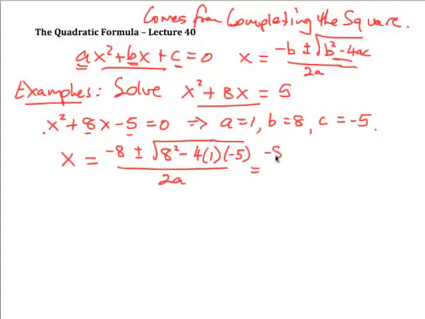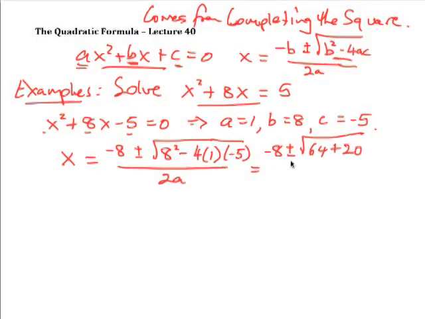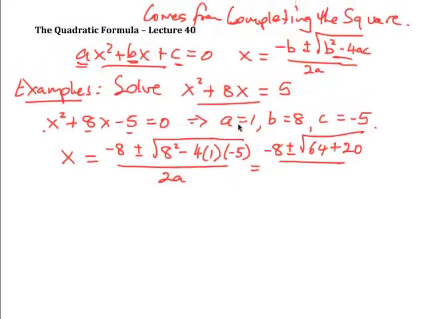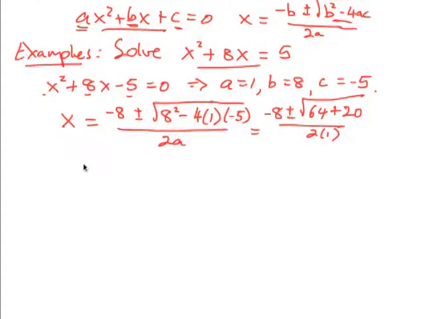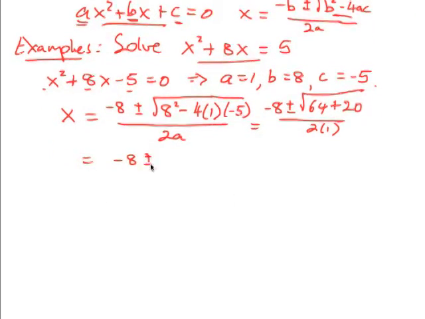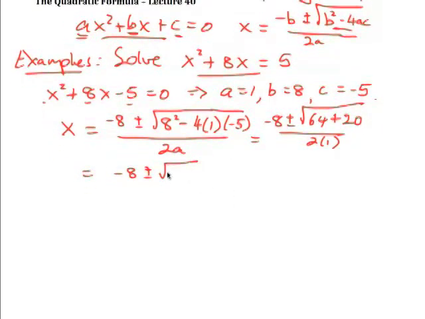So I'll end up with negative 8 plus or minus. Alright, so what do we have here? This will be 64. And we have 4 times 5 is 20, but we have negative 20, and a negative of a negative is a positive, over 2a, which of course is 2 times 1. So we end up with negative 8 plus or minus the square root of 84 over 2.